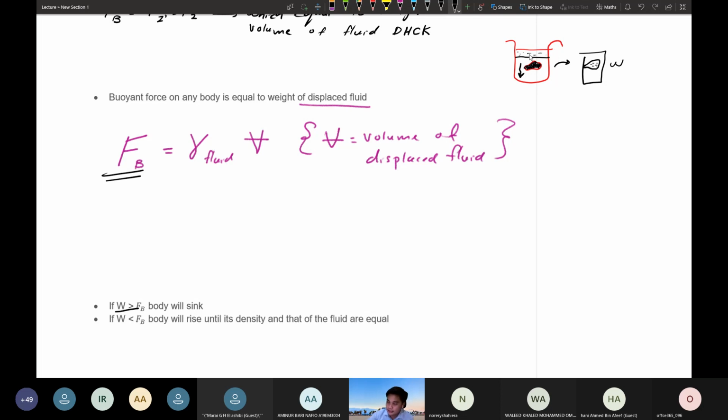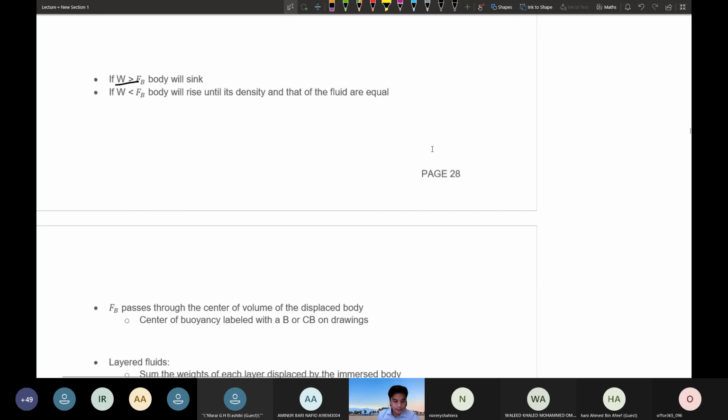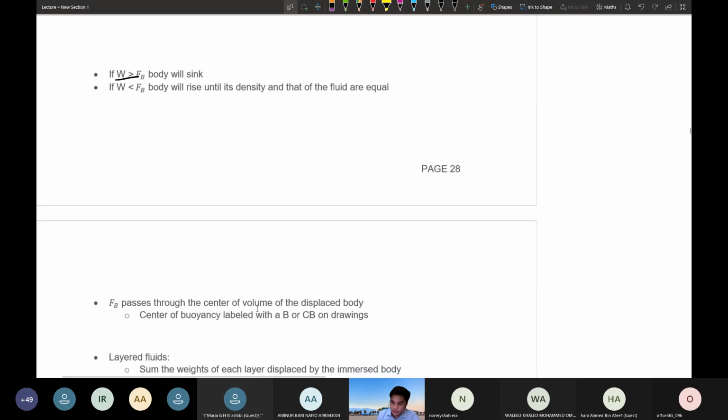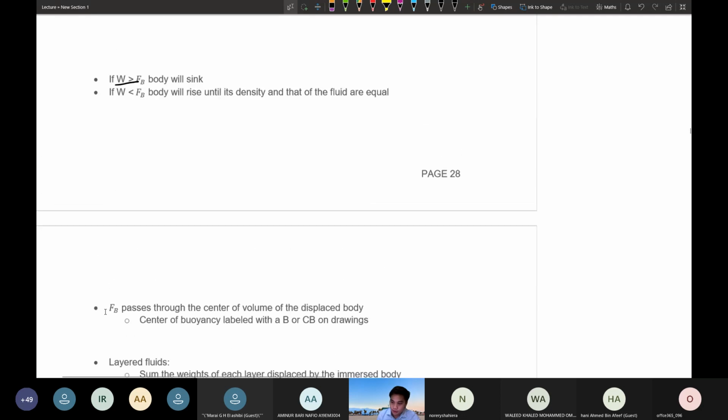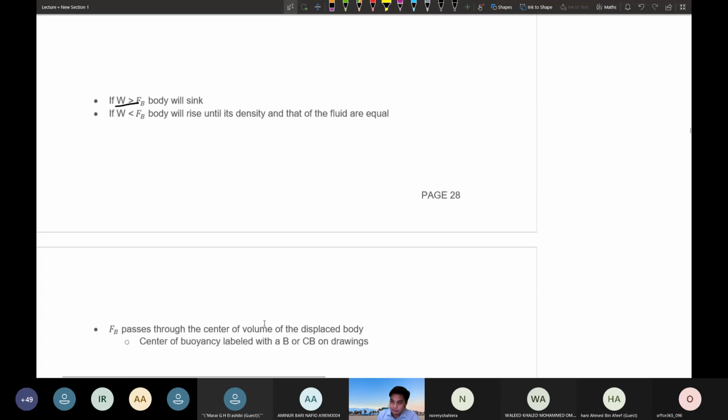Because the density of the oil is lower than the density of the water, that's why it can float. Okay, so from here, FB passes through the center of the volume of the displaced body. So that means FB always acts on the centroid of the volume, the center of buoyancy, labeled B or CB.